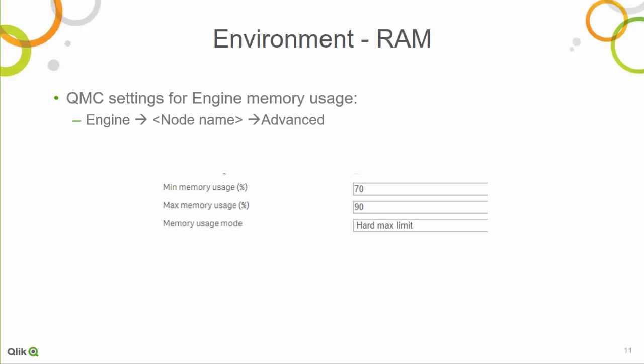So you can put numbers here in the settings. You can find the settings from QMC Engine, select the engine node name, and in the advanced tab, you will find this kind of configurations. So you put numbers in the minimum memory usage, maximum memory usage there, and also you choose the usage mode.